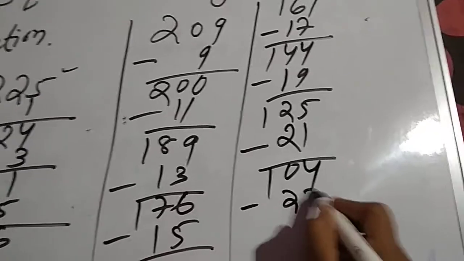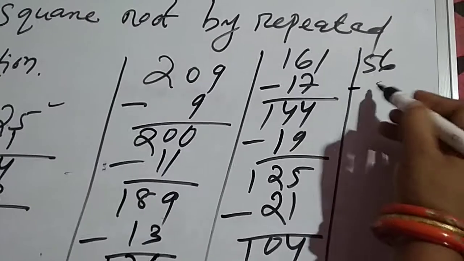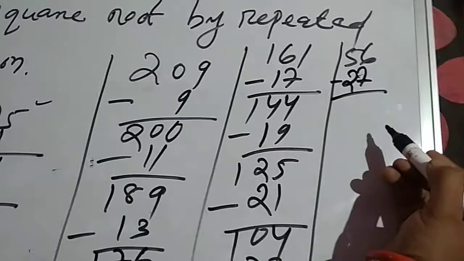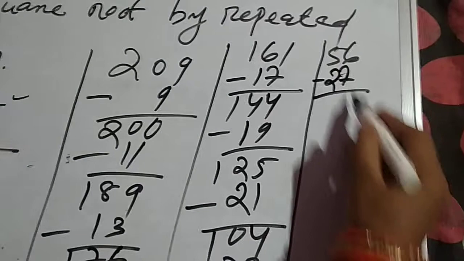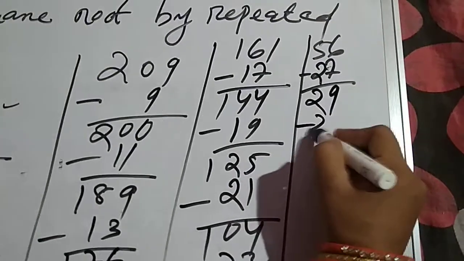Again minus 23, so 81. Minus 25 equals 56. Next is 56 minus 27, that equals 29. Then minus 29 equals 0. So up to 0.